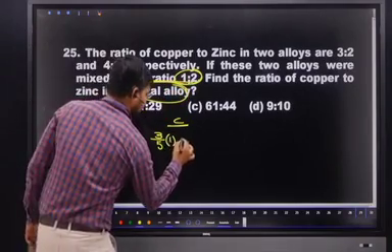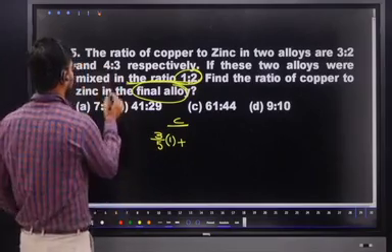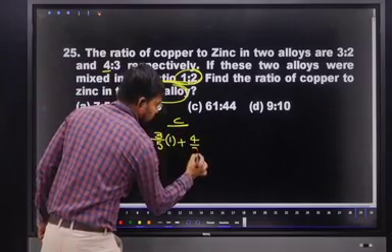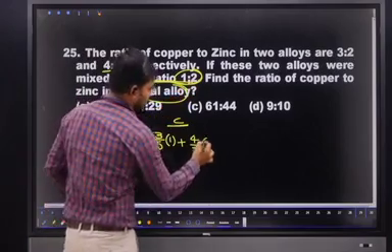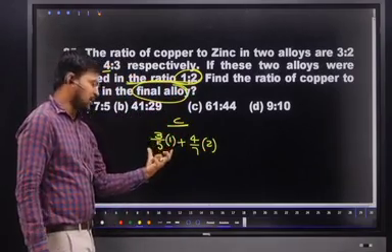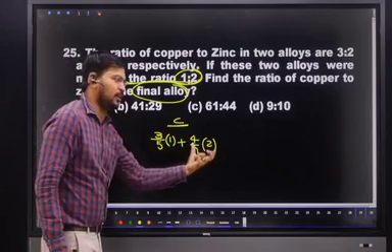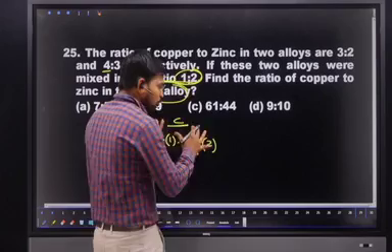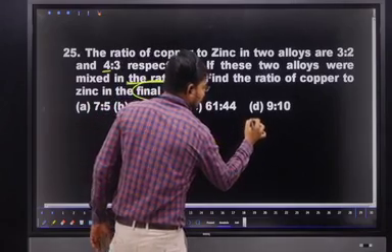Plus, in the second vessel, copper is 4 parts out of 7 parts, 4 by 7. In the second vessel, you are taking 2 parts, so into 2. This is copper from the first vessel plus copper from the second vessel, together total copper.